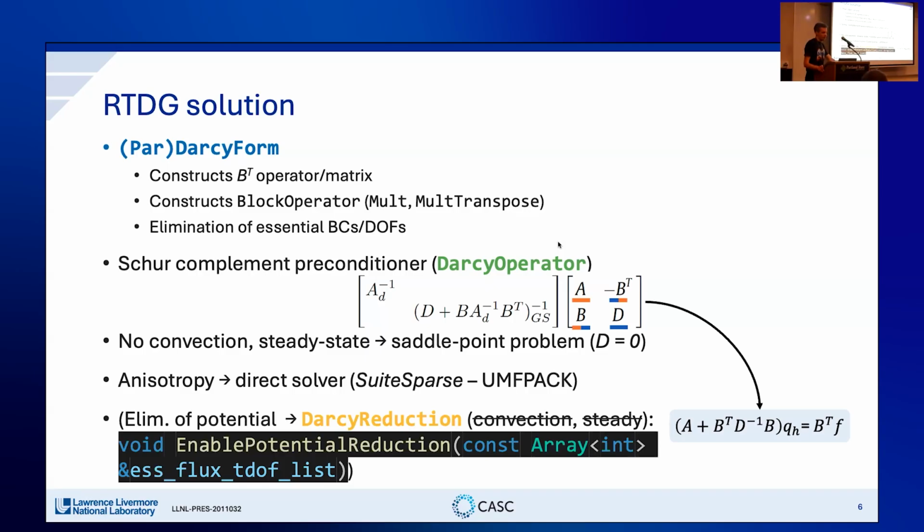What might help us, at least in some cases, when we don't have any convection and when we don't have a steady problem, is that we can eliminate the potential, which is discontinuous, substituting it into the first equation. This is automated for the user, and all you need to do is call enable potential reduction, which then constructs the Darcy reduction class, which I have mentioned.